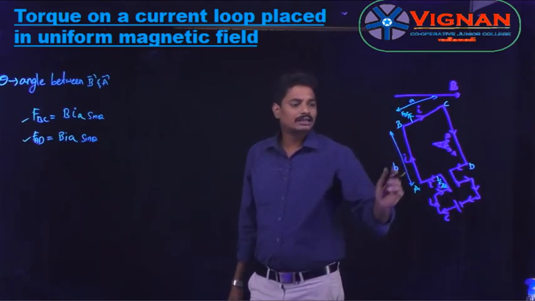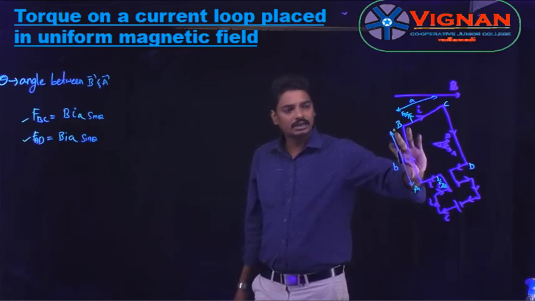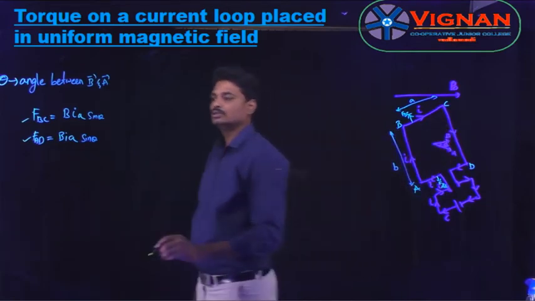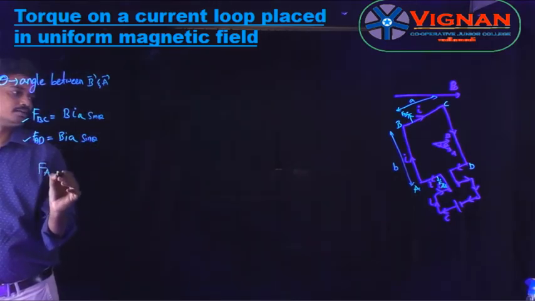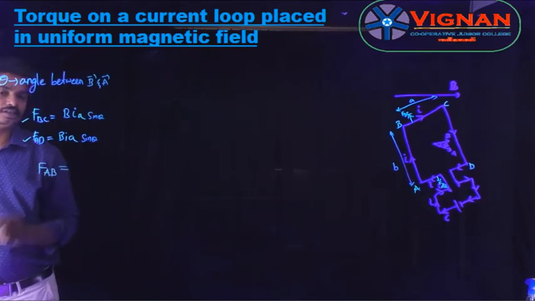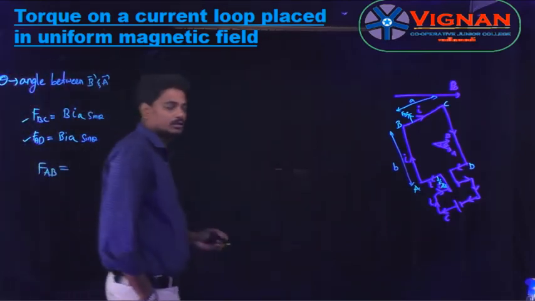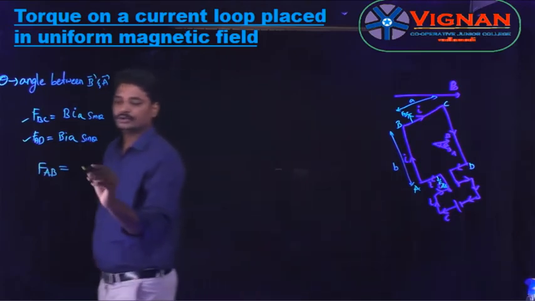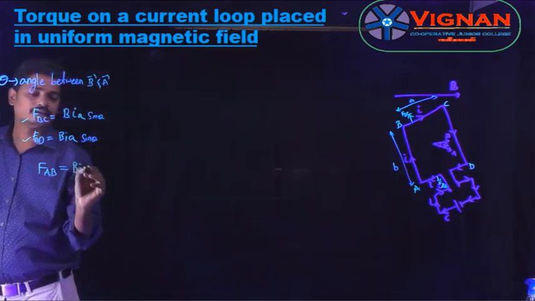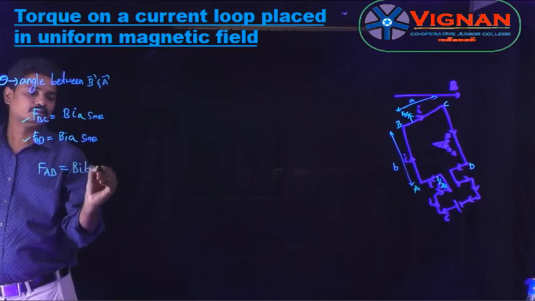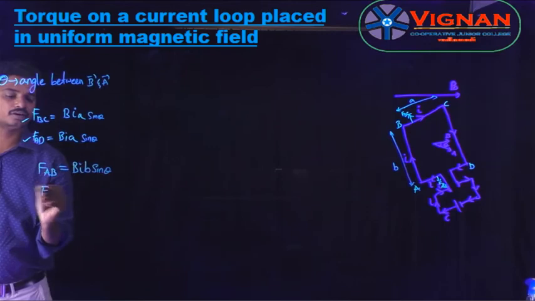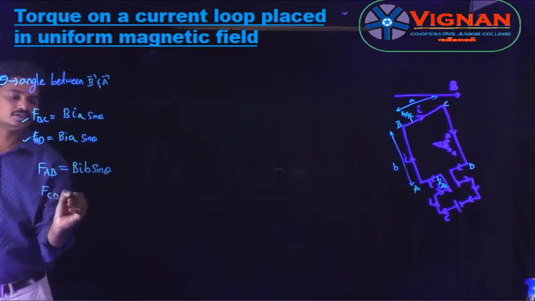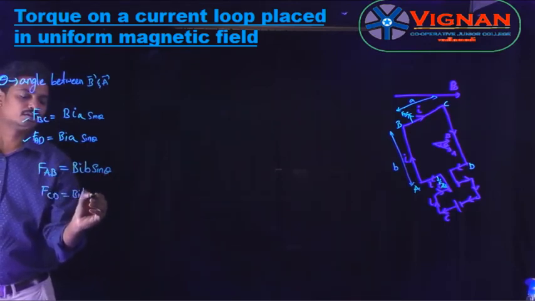Now let us calculate the force acting on the conductors AB and CD. The force FAB is equal to BI, where the length of the conductor is B sin theta. Similarly, the force acting on the conductor CD is equal to BIB sin theta.